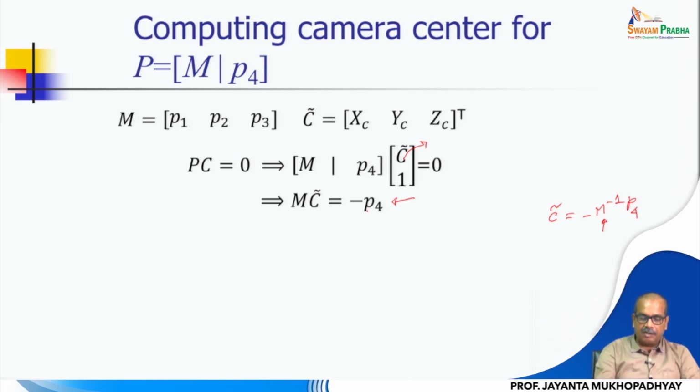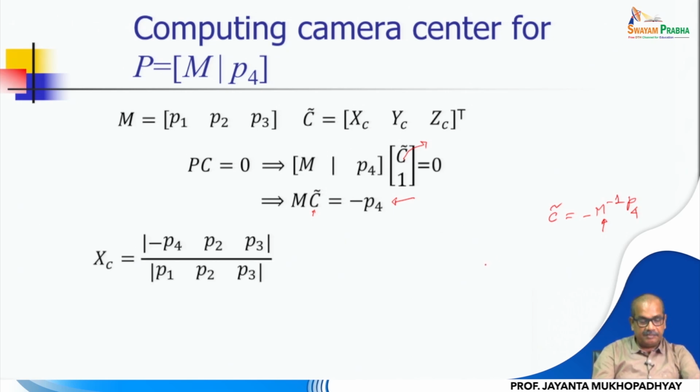So now you see that your unknown is c tilde, which has the 3 coordinates. Say those coordinates are given by xc, yc, zc.